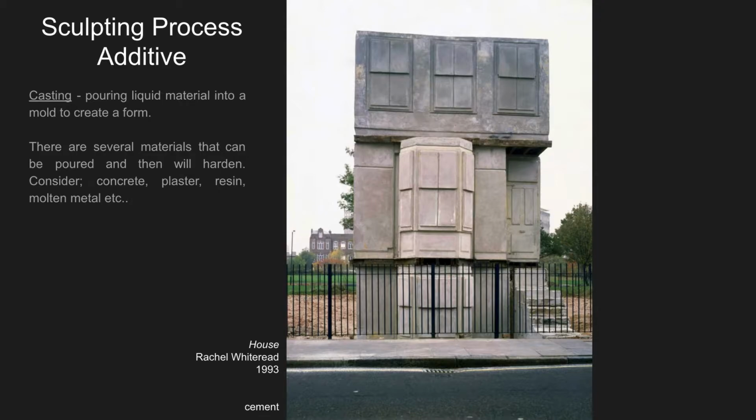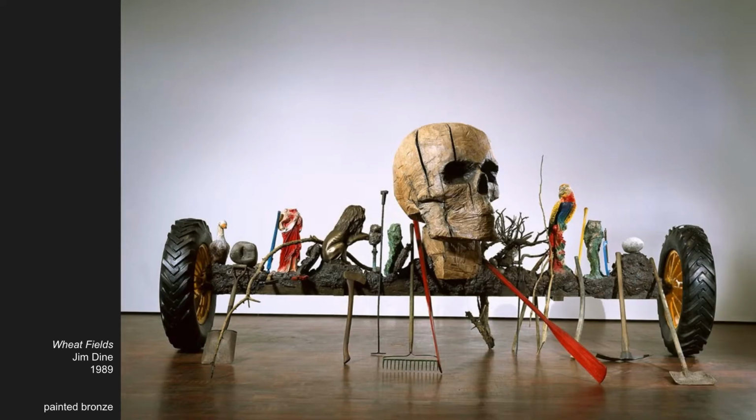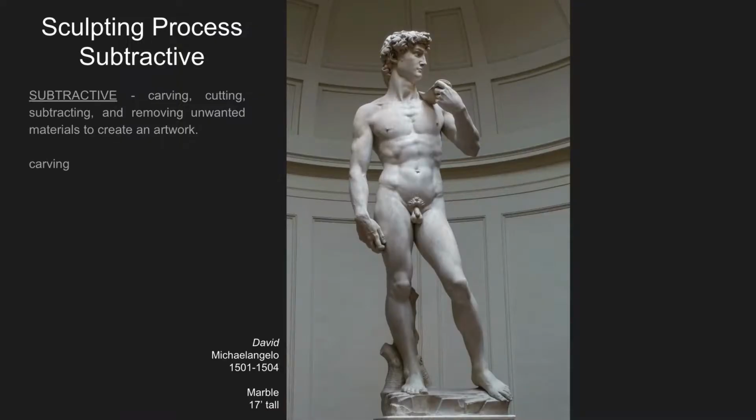Casting is where you pour a liquid material into a mold, and then you open up that mold. The liquid dries or sets up, and you open up that mold, and you have a reproduction of the inside. This was cast bronze, so molten metal was poured into a mold.